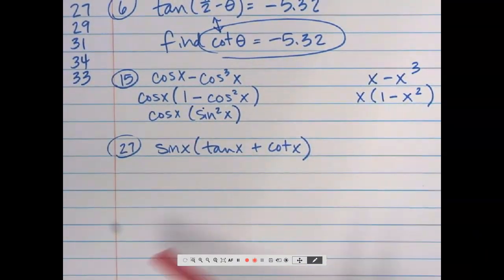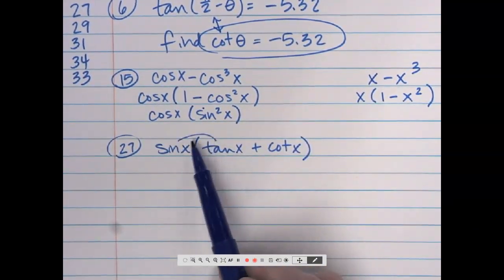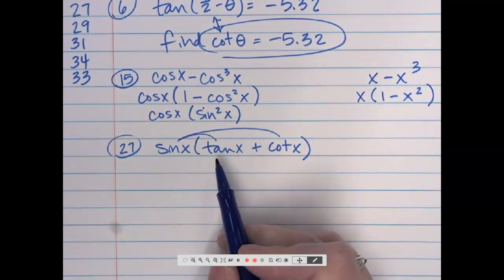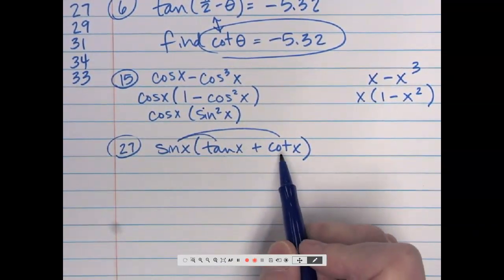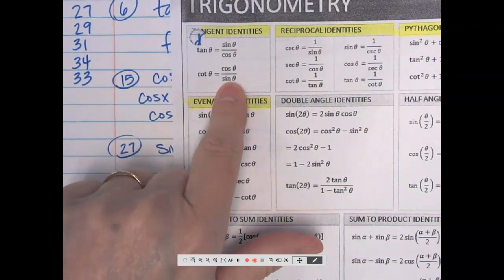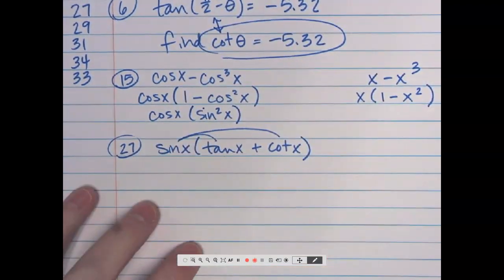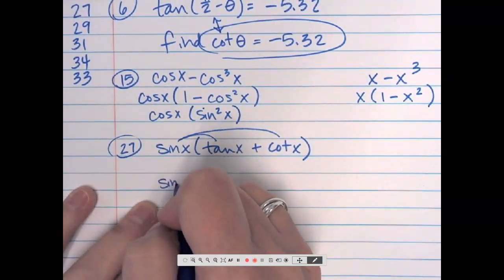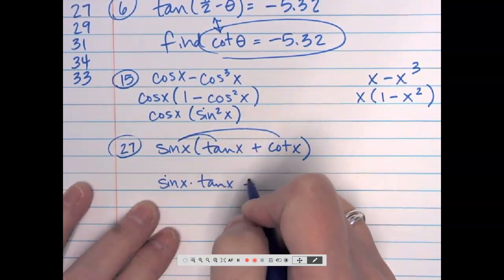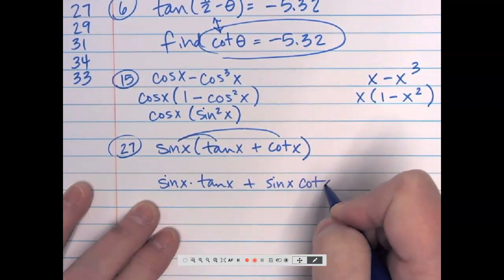I think how I would start this one, and there is a couple ways to do this, but I think I would start by just distributing sine. Then I am going to change tangent and cotangent in terms of sine and cosine using this first little box on the top left here, our tangent identities. So I would have sine x tangent x plus sine x cotangent x.